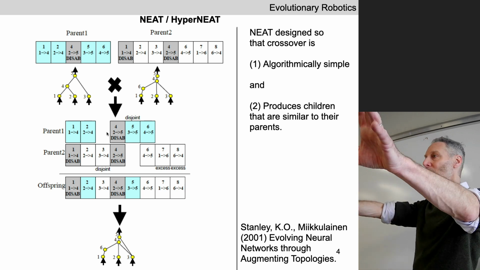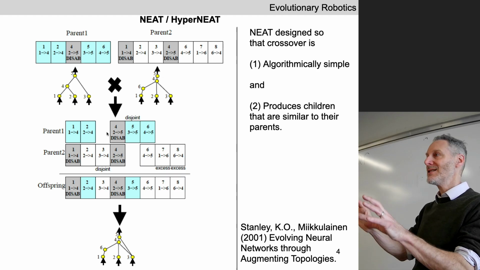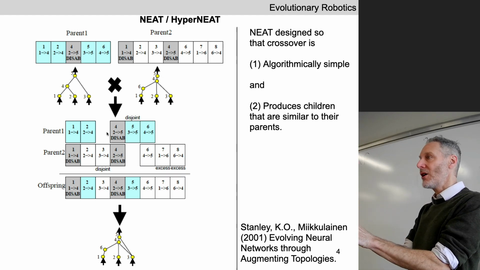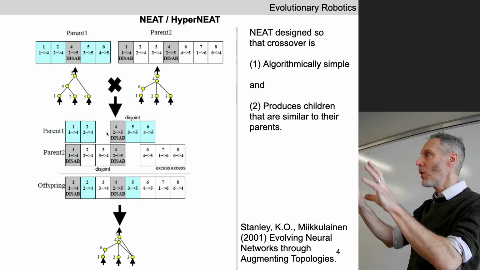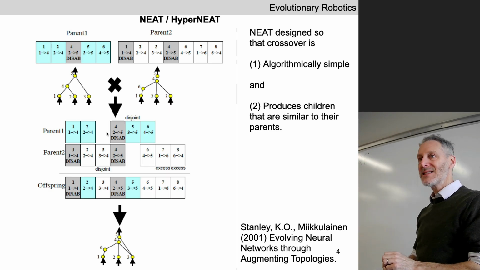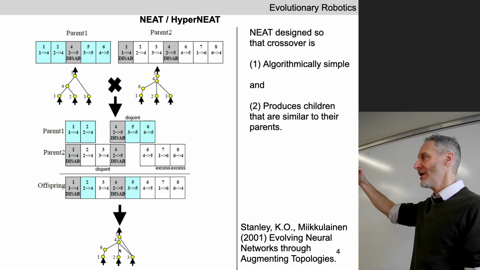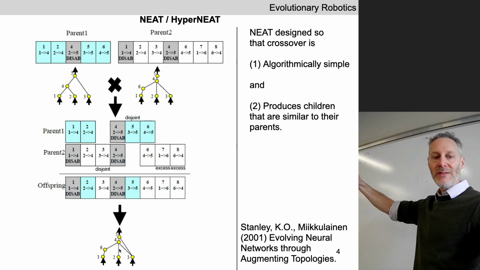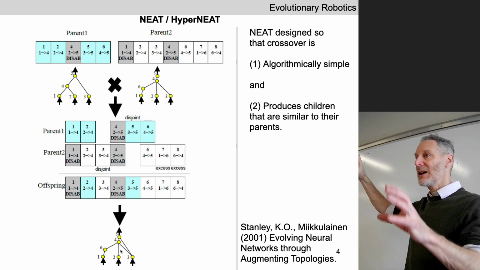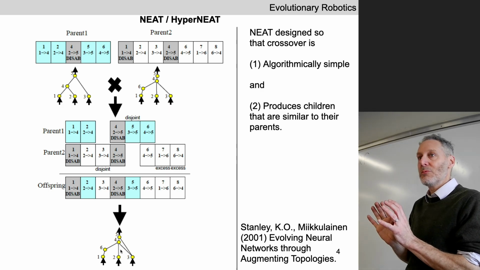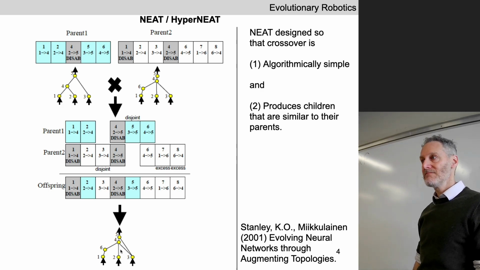It doesn't bring both CPUs from the Mac and the PC into the new machine, and doesn't fail to bring one of the hard drives into the new machine. It manages to copy exactly one copy of each necessary part into a child, and you often end up with a child neural network in the evolving population that looks and acts similarly to both parents, and because it inherits good parts from both, gets a higher fitness than either parent. Yeah?